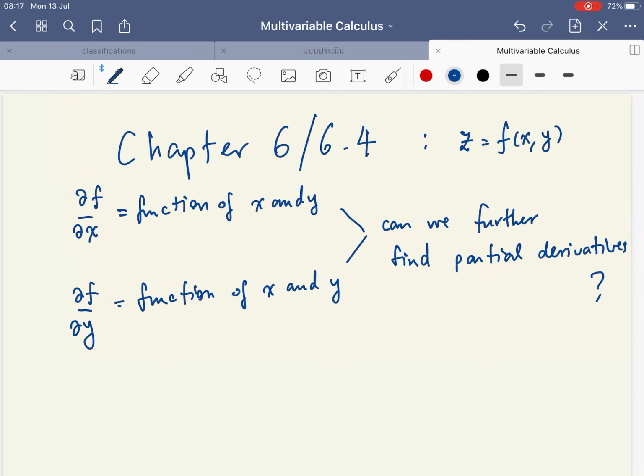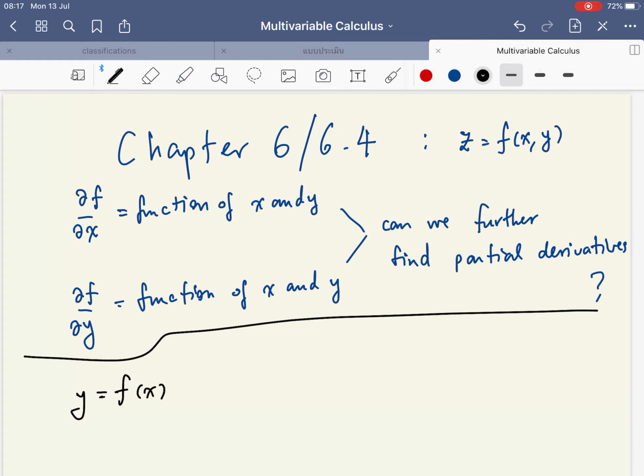For example, if you remember, in single variable calculus, if you have y equals f of x, then you can find the first derivative, f prime x, as a function of x, and then you can find a further derivative, the second derivative, which is sometimes called the higher derivative, f double prime, and then f triple prime.